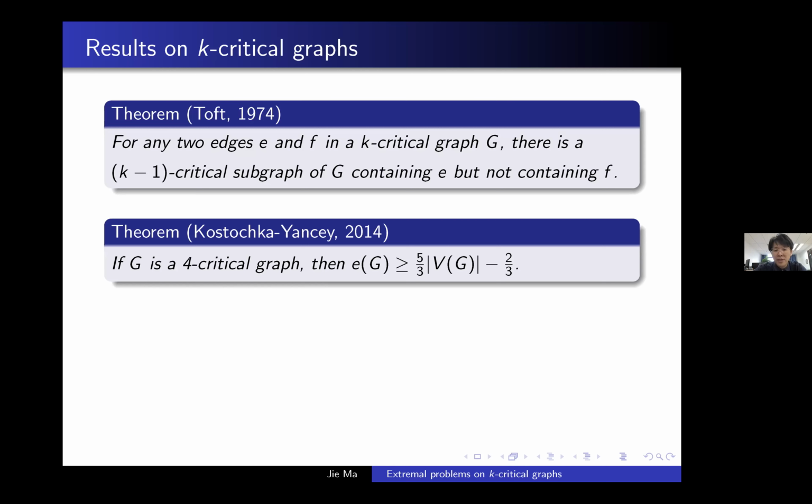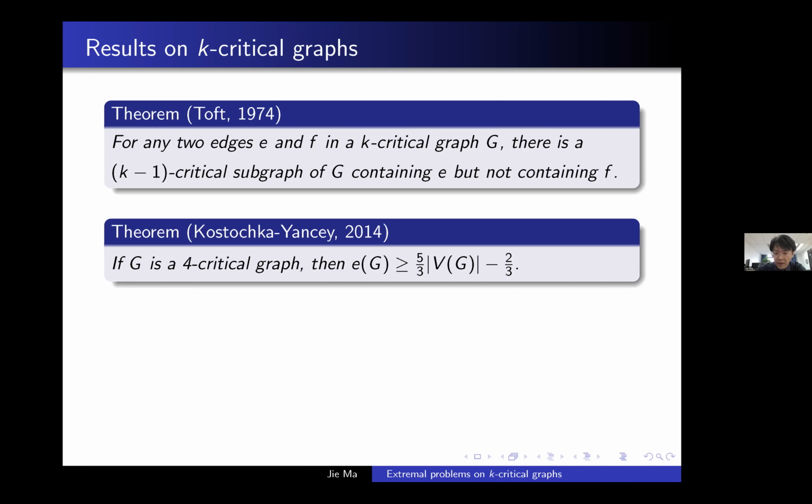The second one studies the minimum number of edges in a K-critical graph. The result of Kostochka and Yancey proved that if K is 4, then the number of edges is at least 5/3 times n minus 2/3, and this is tight. Infinitely many 4-critical graphs achieve this inequality.